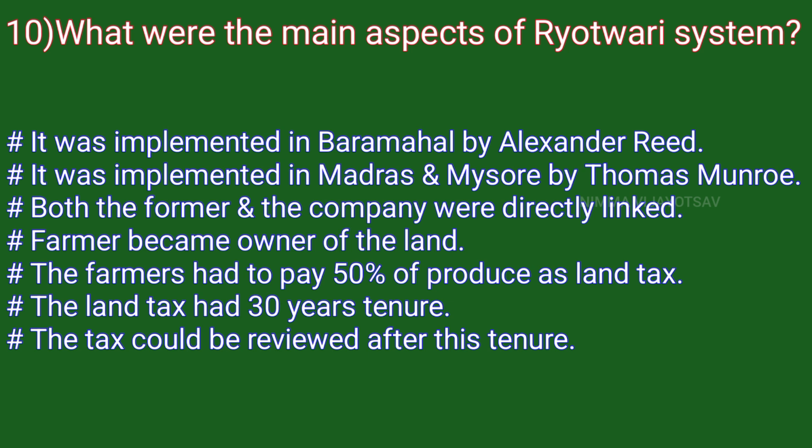Farmer became owner of the land. The farmers had to pay 50% of produce as land tax. The land tax had 30 years tenure. The tax could be reviewed after this tenure.